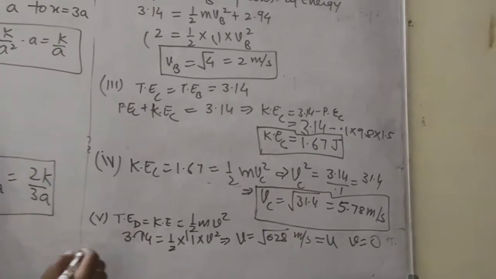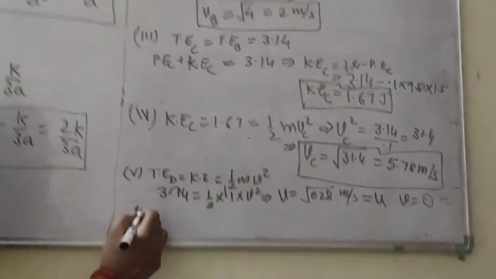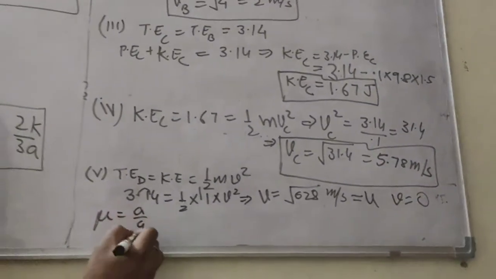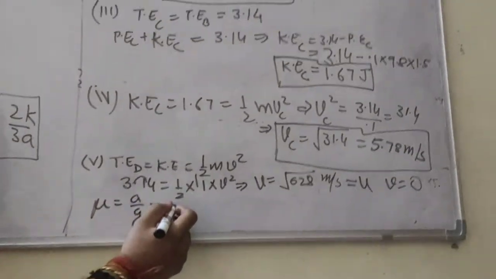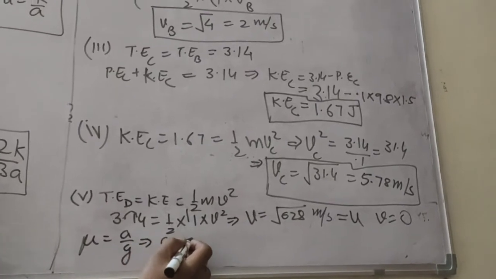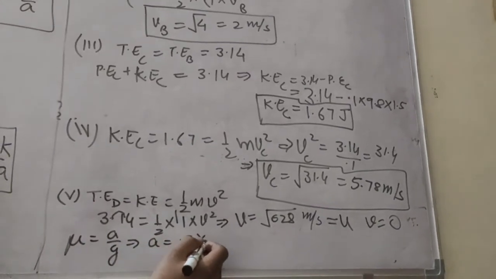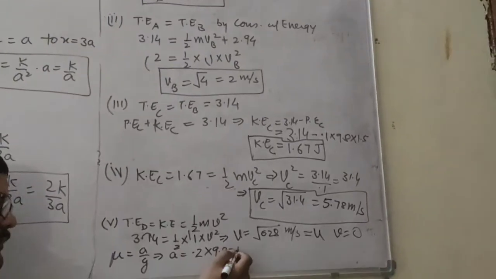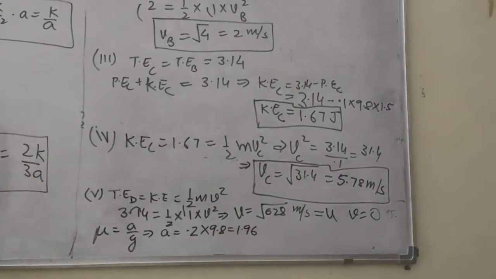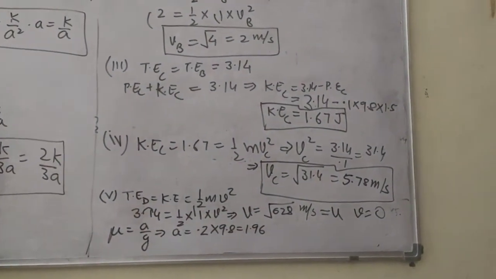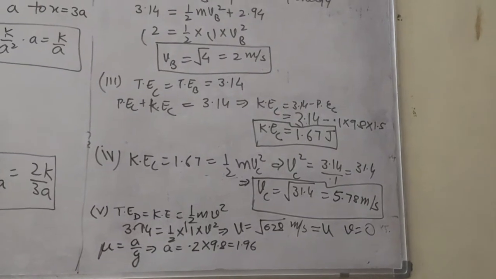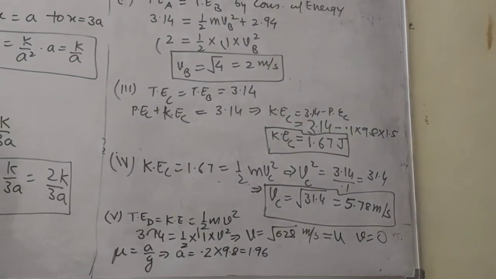Now you can find acceleration. Mu is equal to a by g, which implies that a is equal to, mu is given as 0.2, g is 9.8, so this is 1.96. Now v square minus u square is equal to 2as.